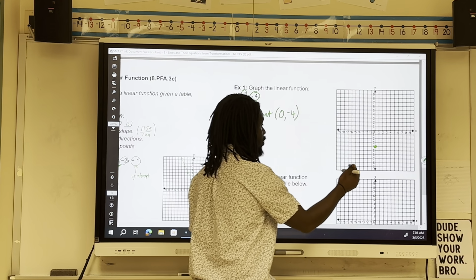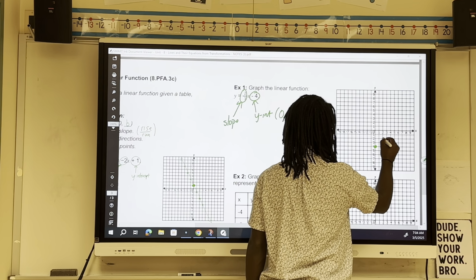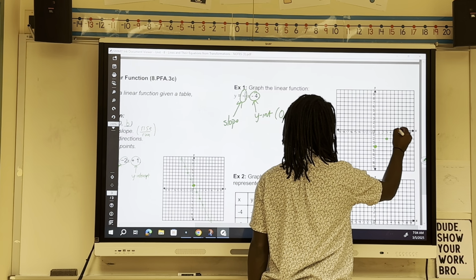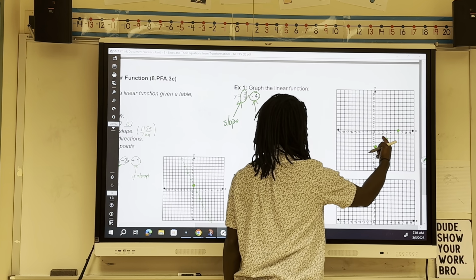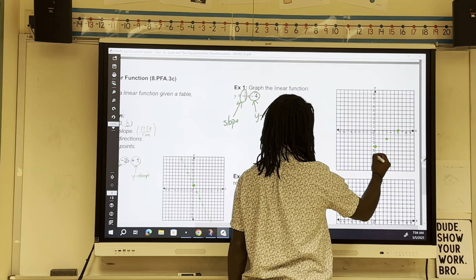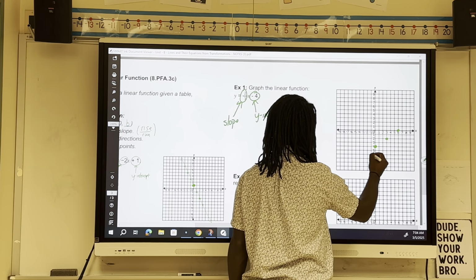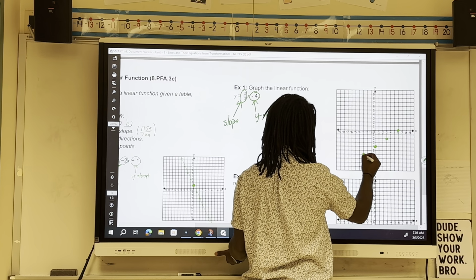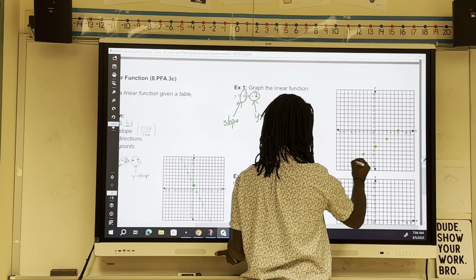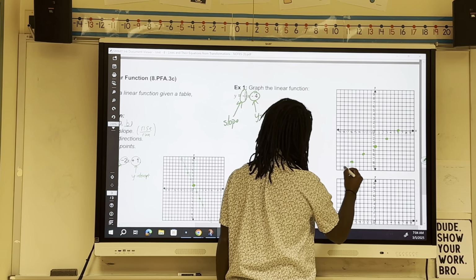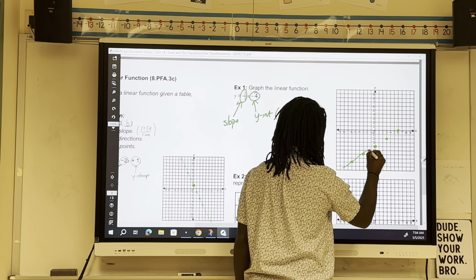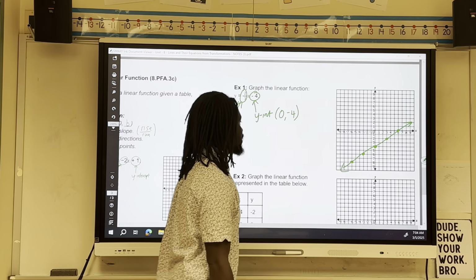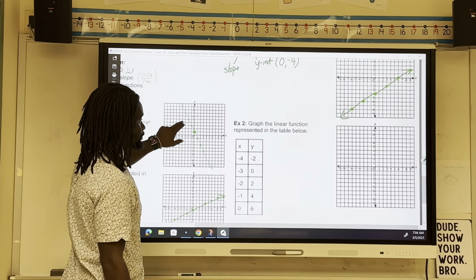So I'm going up 2 over 3, up 2 over 3, okay? And I'm also gonna go down 2 and back 3, down 2 and back 3. Okay? And that's also gonna give me points, and then I'm gonna connect them. And that is our linear function for that one.